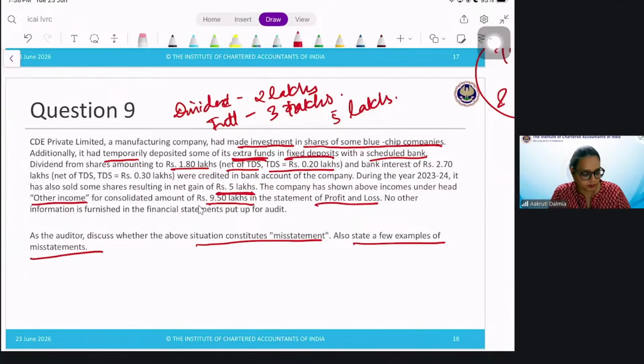So, what kind of question is this, my dear students? Is it easy? Is it hard? First, tell me one by one. In books of accounts, do you record your income net of TDS or gross?